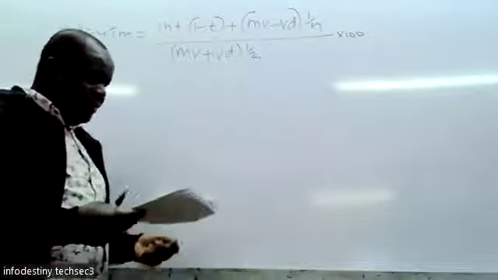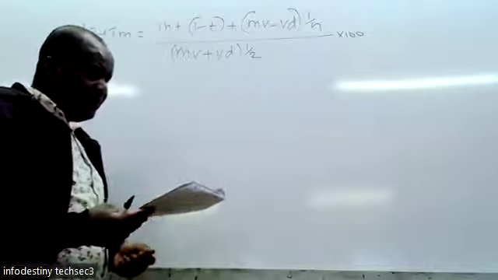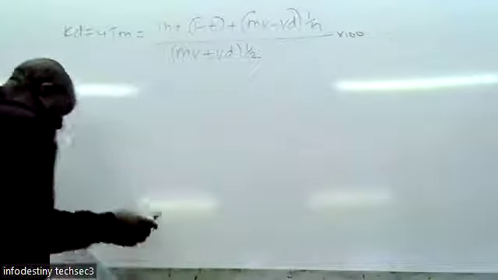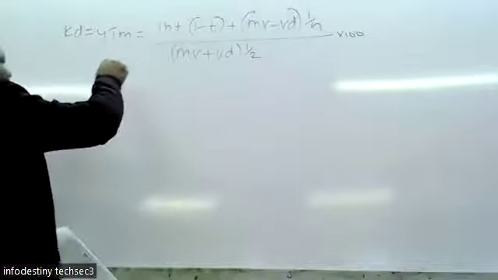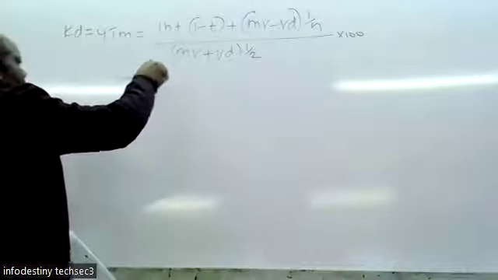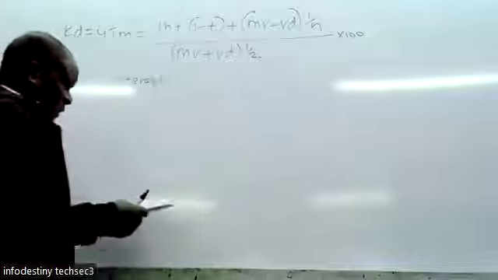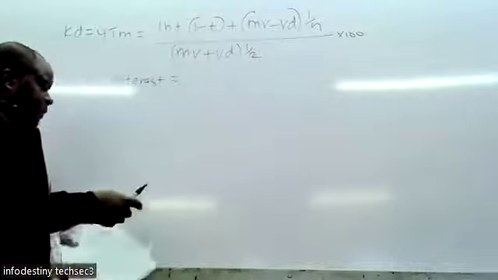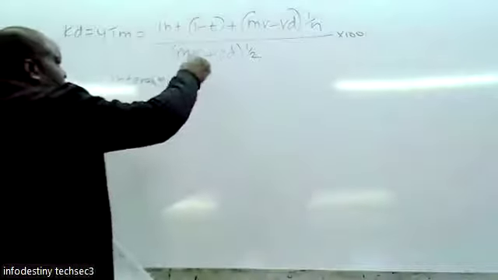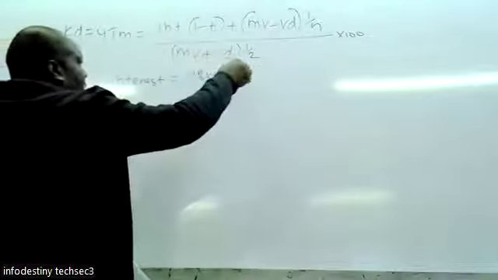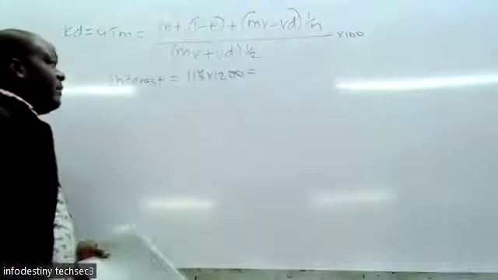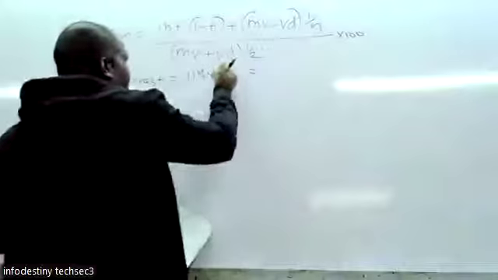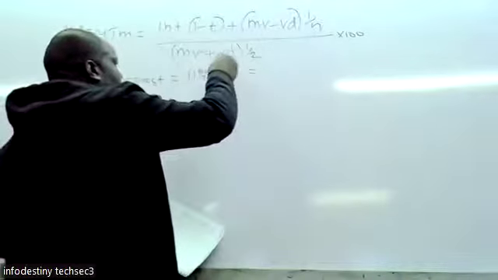What we need to do is to specify each one of them. We start off by calculating interest. Interest will be 11% of the par value, and the par value is given as 1,000.